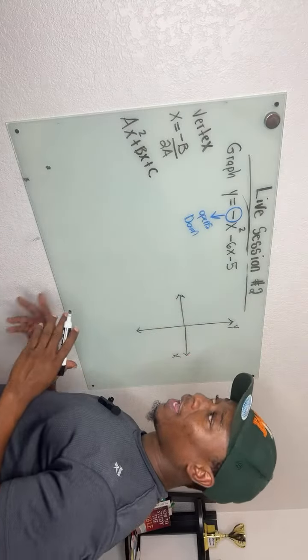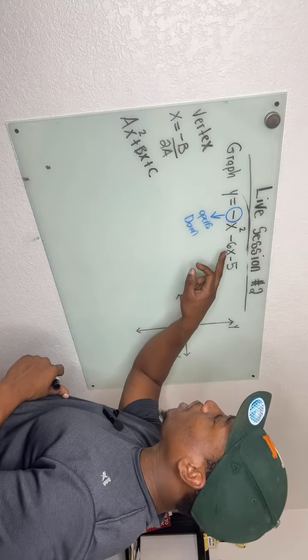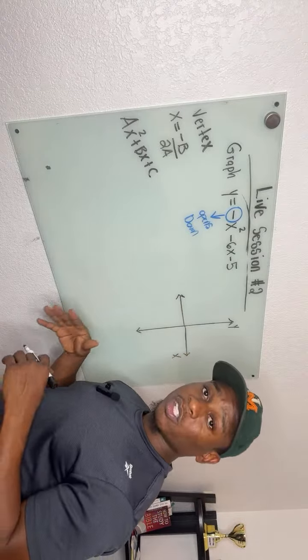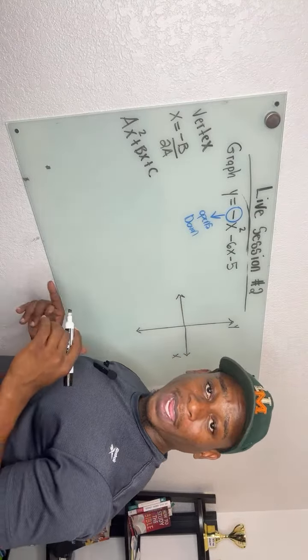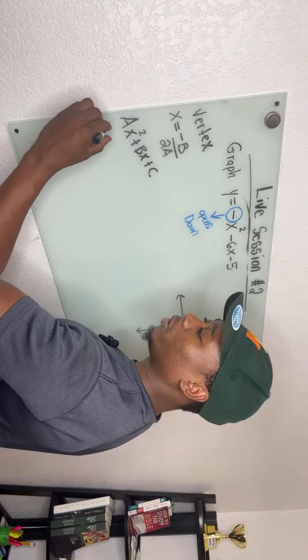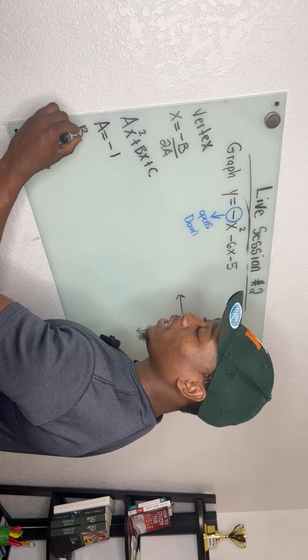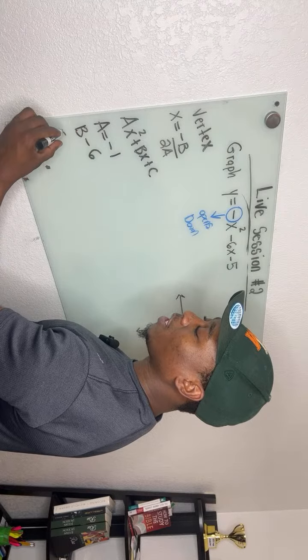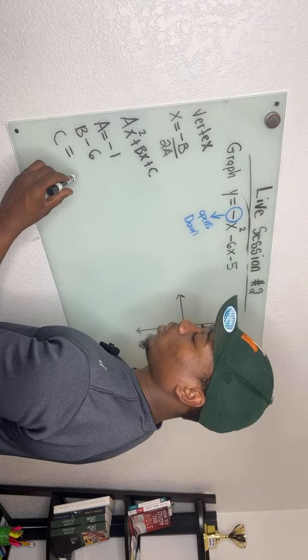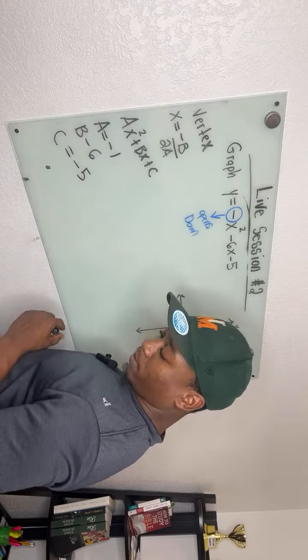Understand that a is our first term, b is our middle term. We don't see a number for a, so we should know that it's just negative 1. So I know a is negative 1, b is negative 6, and even though it doesn't ask us about c, we'll just put that as negative 5 as well.